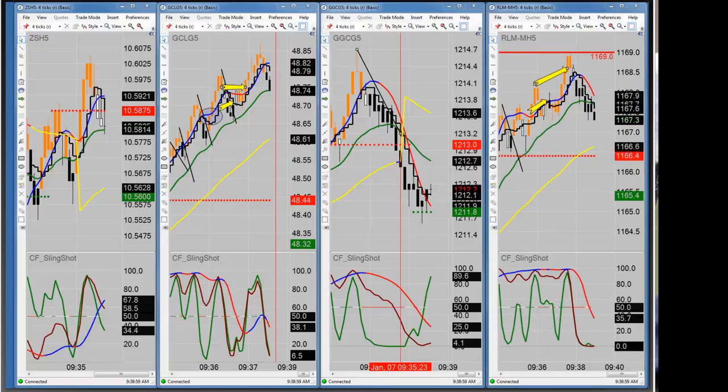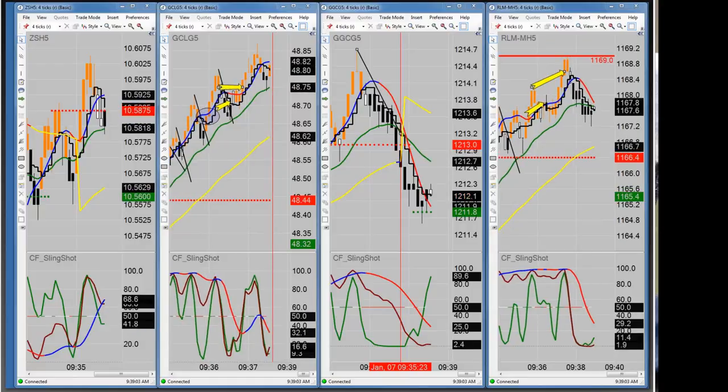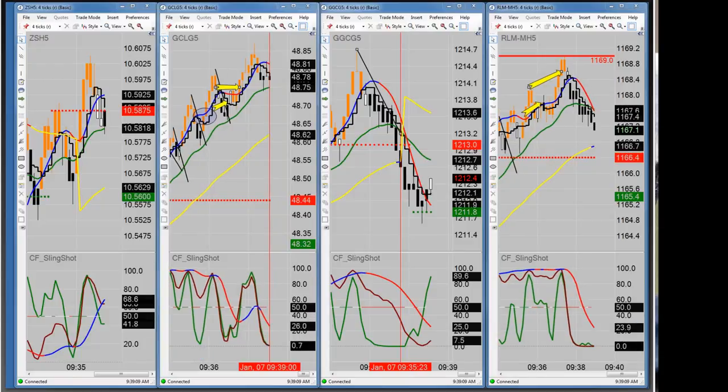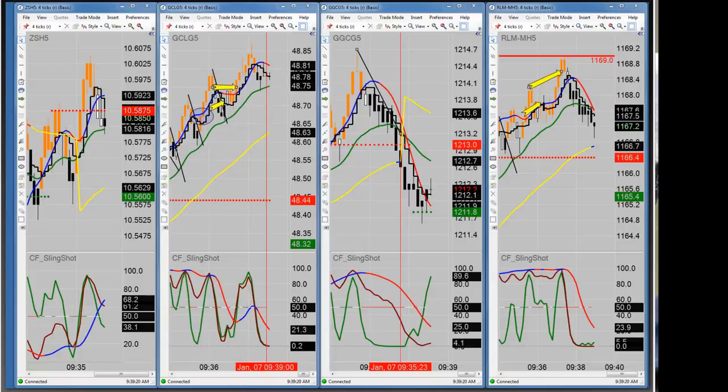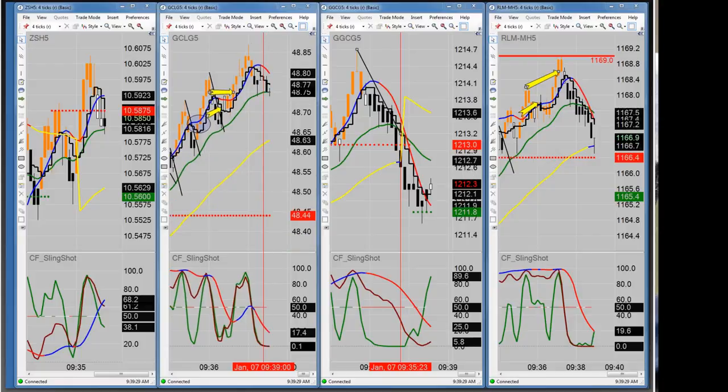Let's put all that down on paper. So, 2 trades, 9 minutes, and that was $110 a contract. On the Russell, we got 9. On crude, we got 2. And on the gas, we just lost 8.